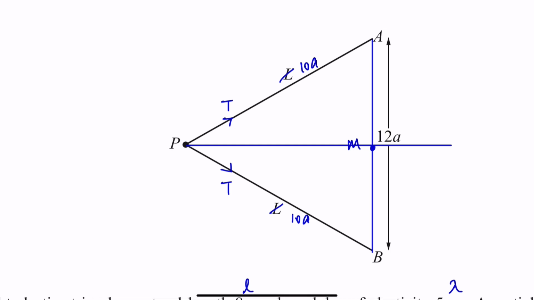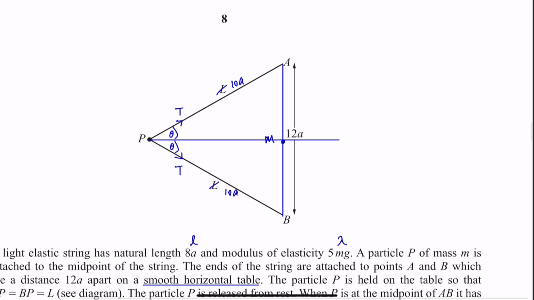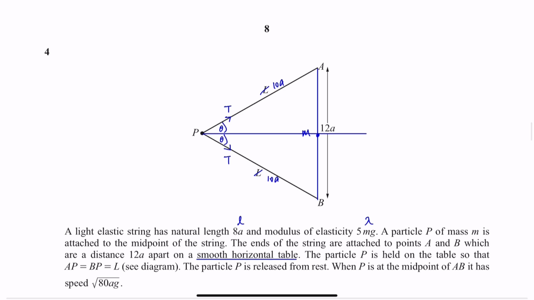So to find the force in this direction, we will need to find the angle here. So the resultant force would be 2T cos theta. So we will need to find what cos theta is.